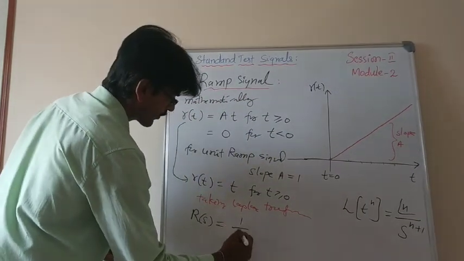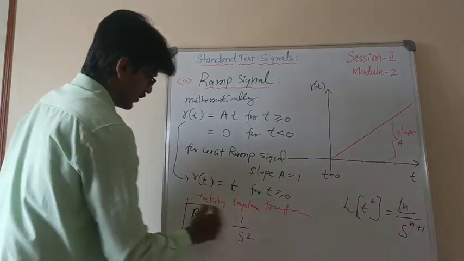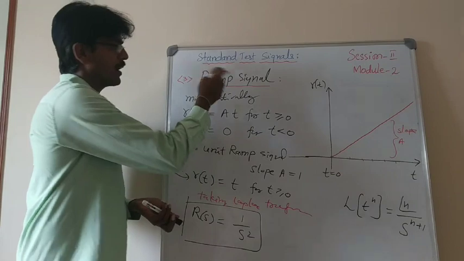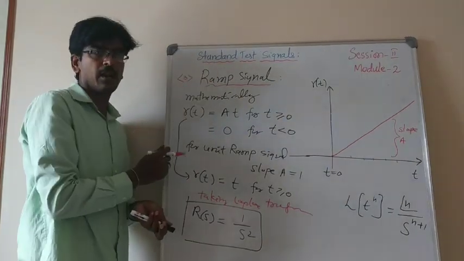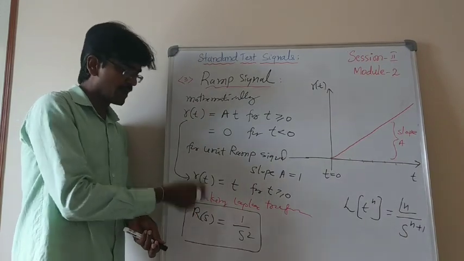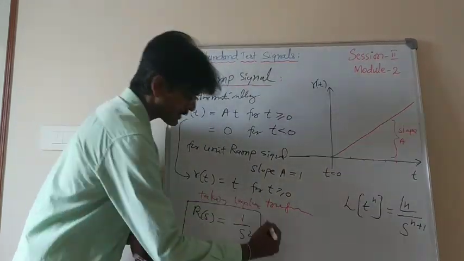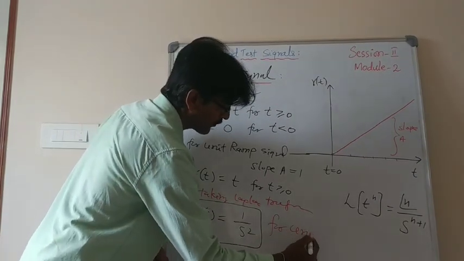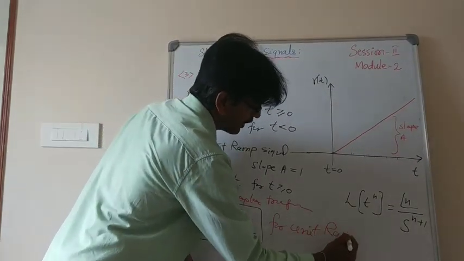So what does this represent? If you consider a unit ramp signal for a system, then the input value, that is r of s, will be considered as 1 by s square. That is r of s equal to 1 by s square for unit ramp signal.